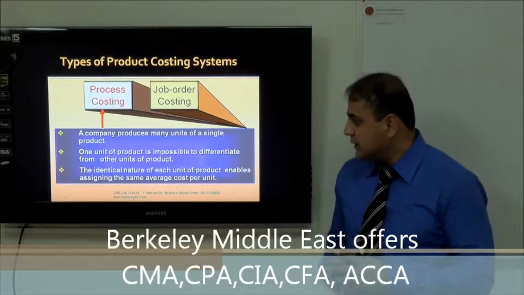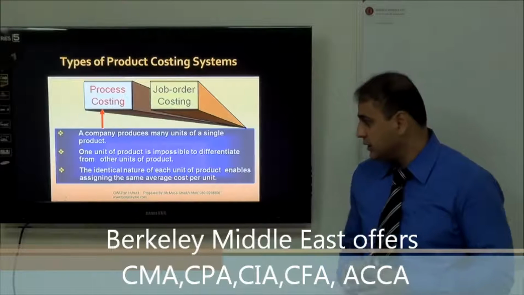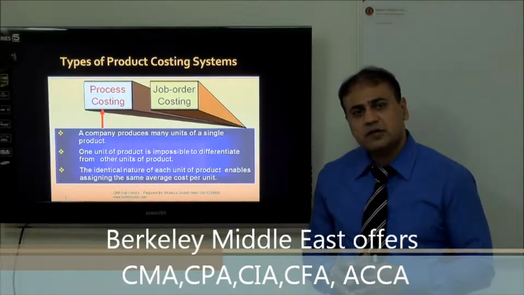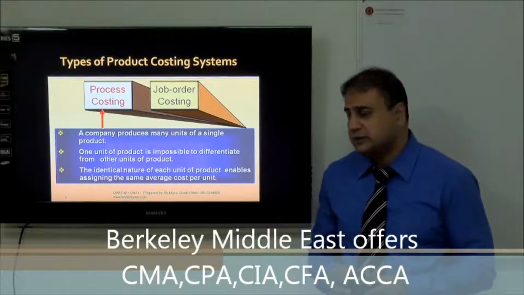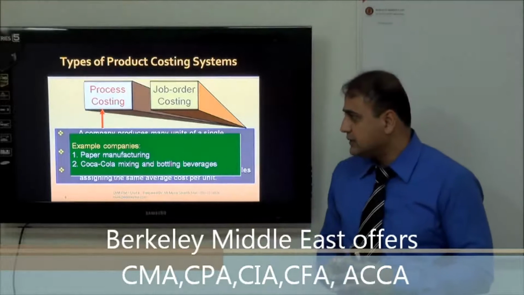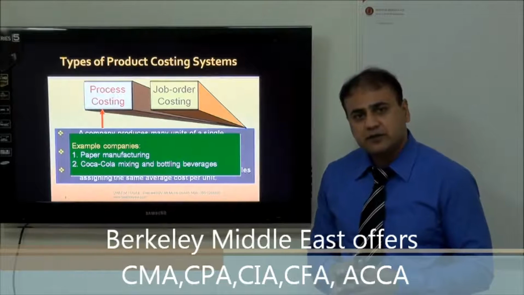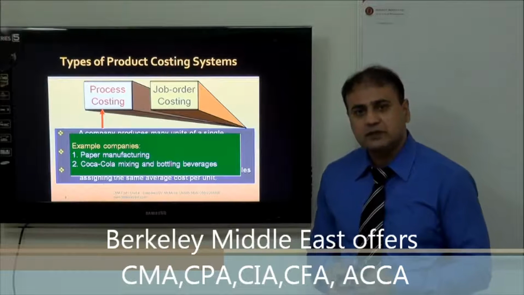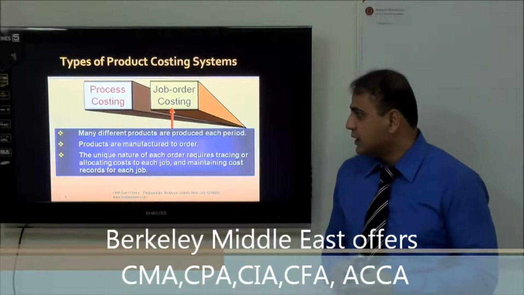The identical nature of each unit of the product enables us to have some average cost per unit. Examples are paper manufacturing, and the bottle filling of any beverage company.